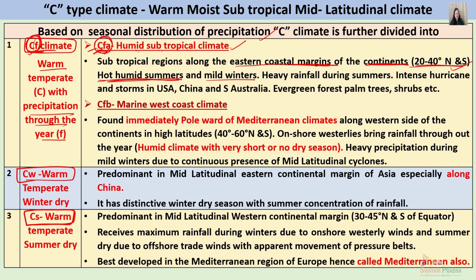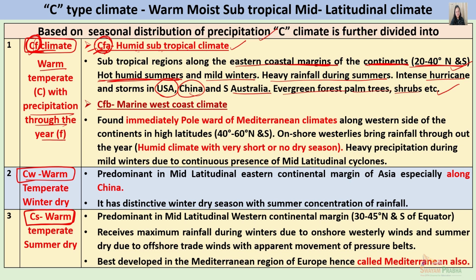Heavy rainfall is experienced in these regions, specifically in the summer season, and in the winter season these areas also receive rainfall, particularly due to intense hurricane and cyclonic activity in these subtropical areas, especially along the eastern coast of USA, eastern coast of China and southern Australia. Because these regions receive rainfall throughout the year, they have evergreen forest, palm trees, and shrubs type of vegetation.